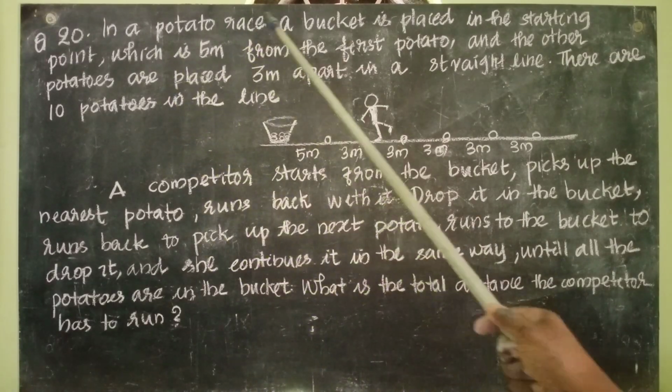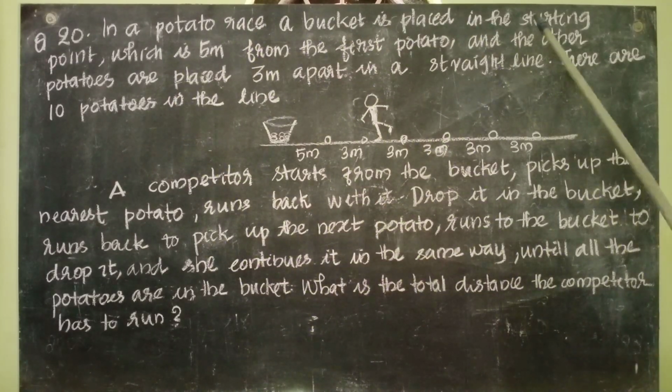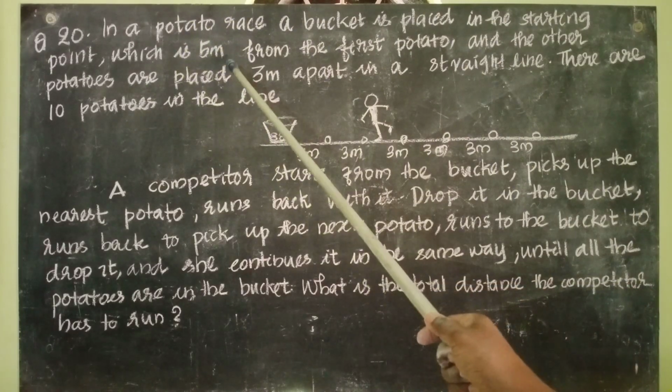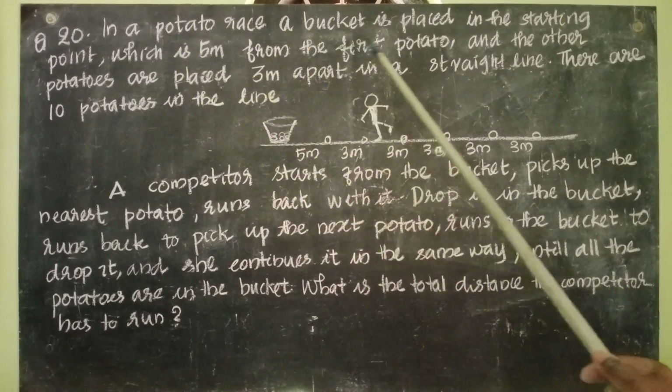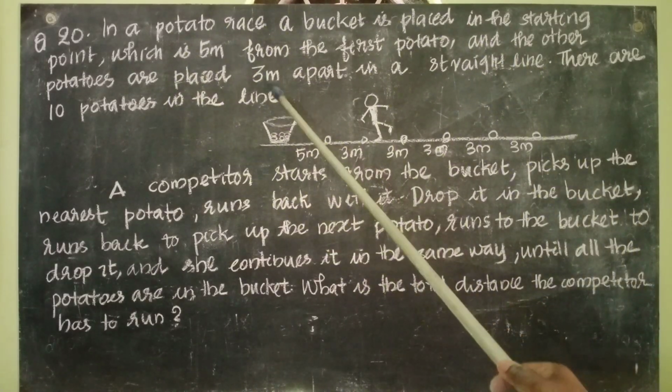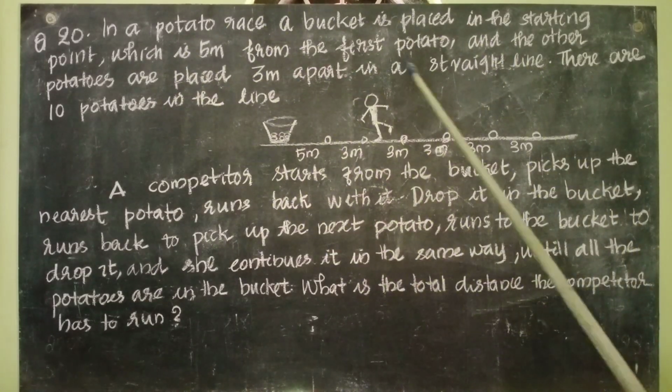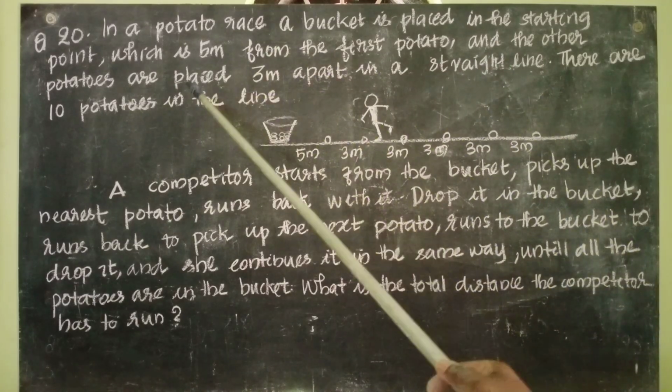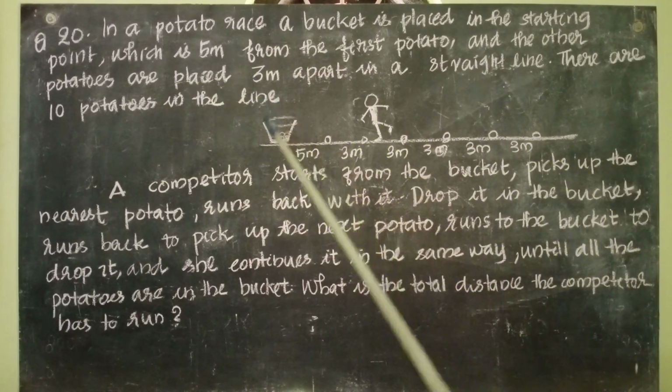Exercise 5.3, question number 20. In a potato race, a bucket is placed in the starting point, which is 5 meters away from the first potato, and the other potatoes are placed 3 meters apart in a straight line. There are 10 potatoes in the line.